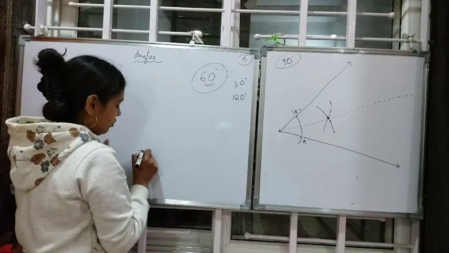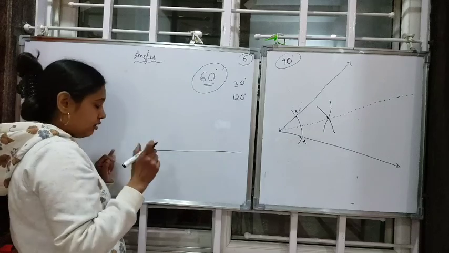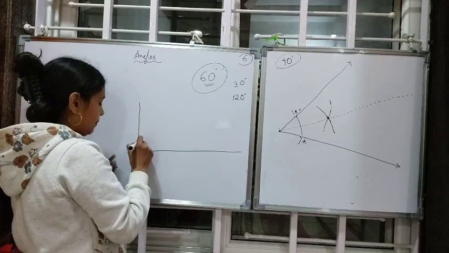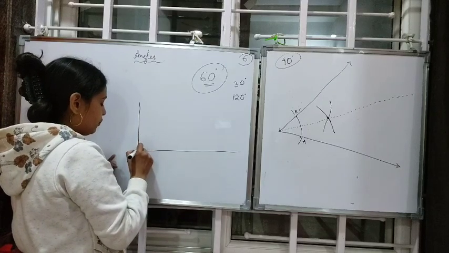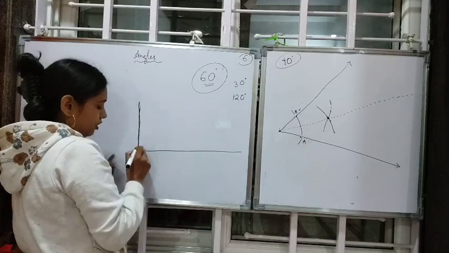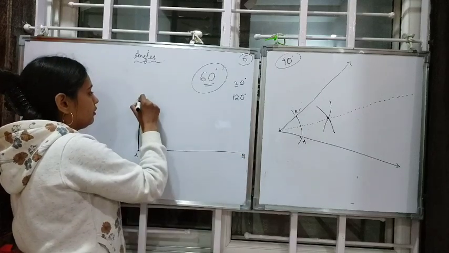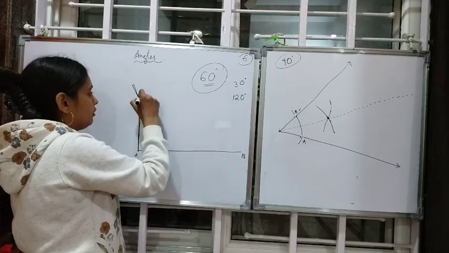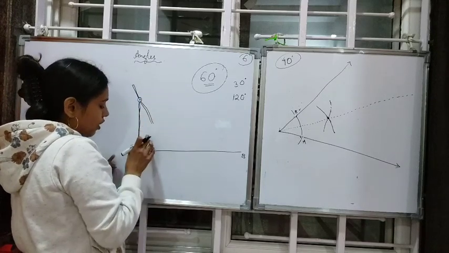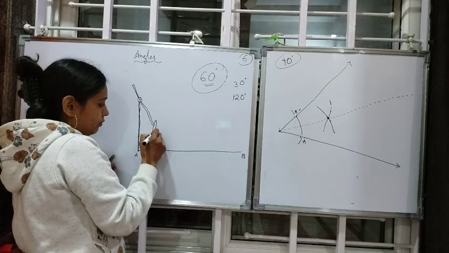So first thing, draw the baseline. As we all know, take your rounder, that is your compass, and put its pointer on this point. Suppose you mark it as A and this is B. So put it on A. Then with some radius, draw an arc like this. Suppose this is your pencil.